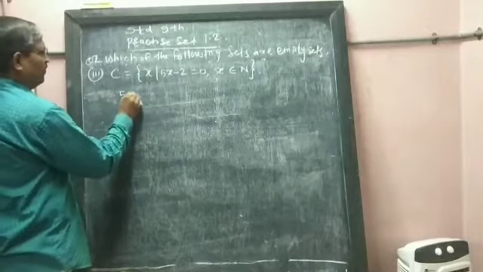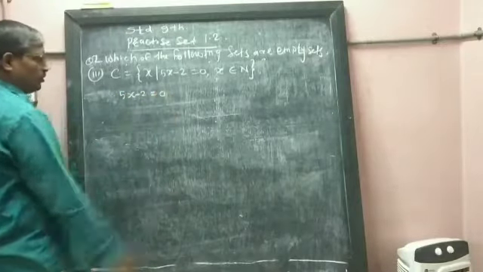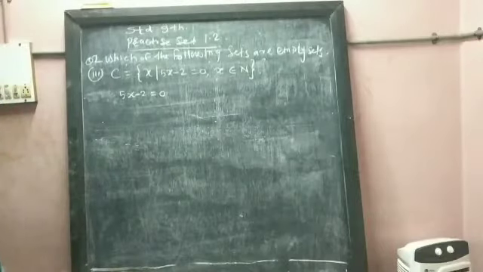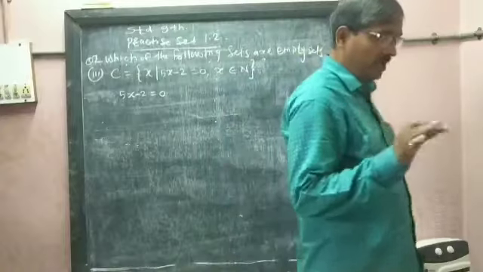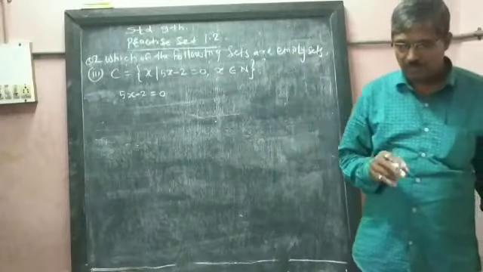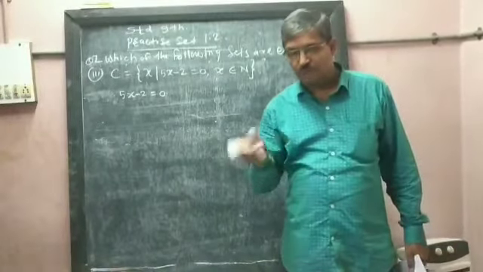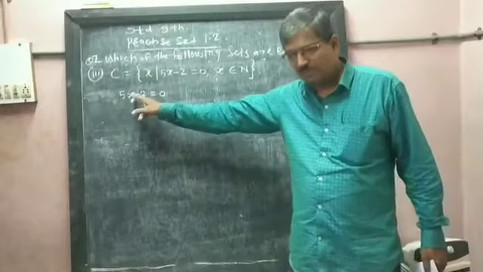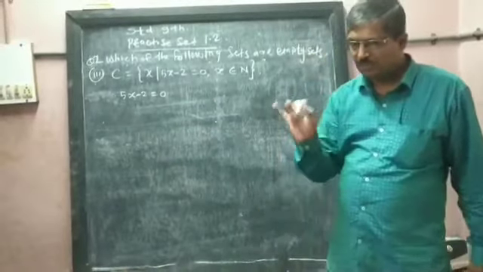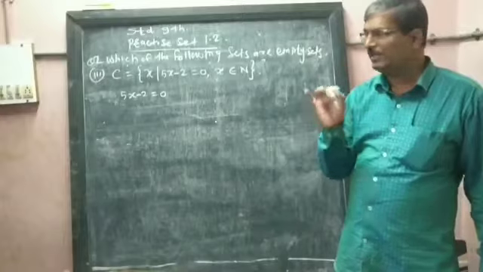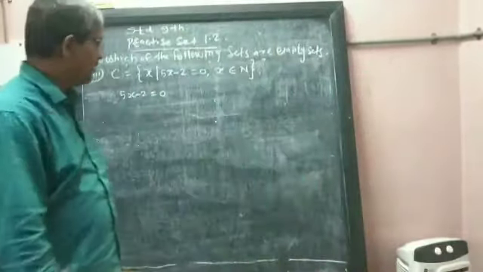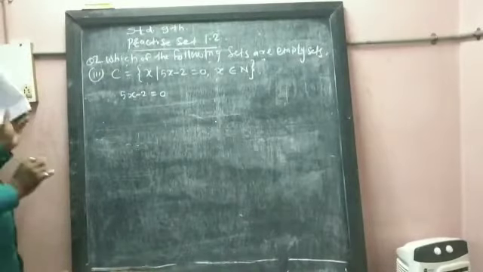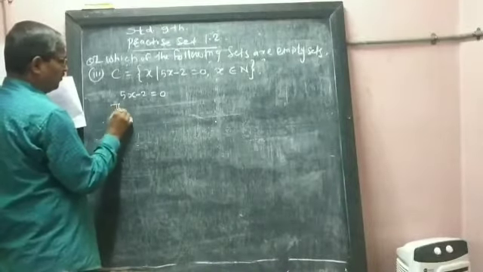Given equation 5x minus 2 is equal to 0. We should take the value of x belonging to the natural numbers and keep it in the place of x. Then after solving it, its answer should come equal to 0. Whether it comes or not, if we see, there is no such number.